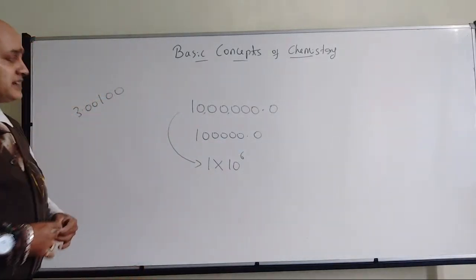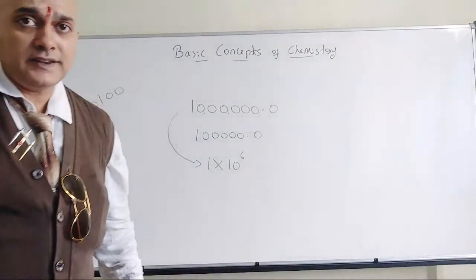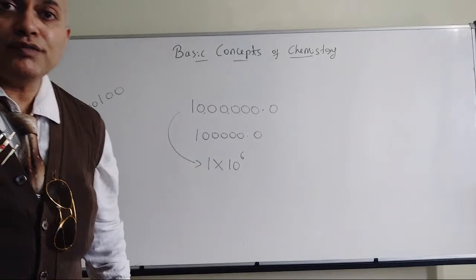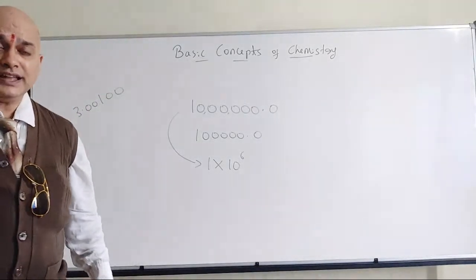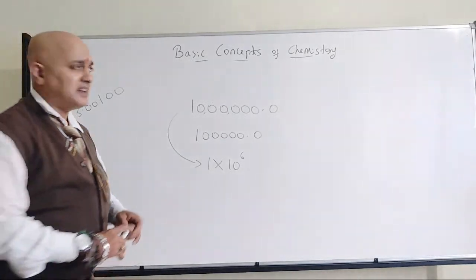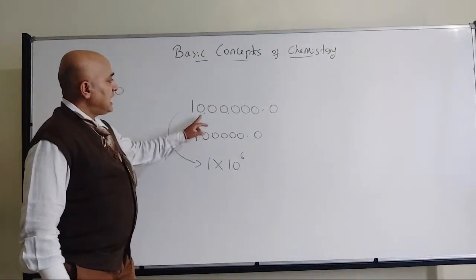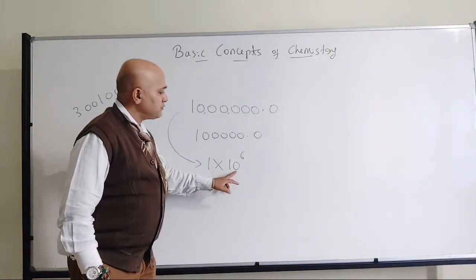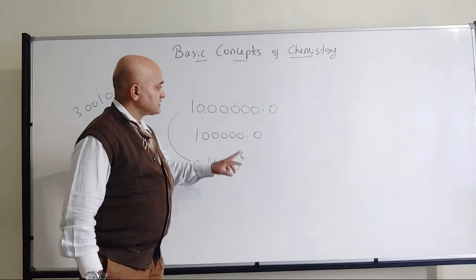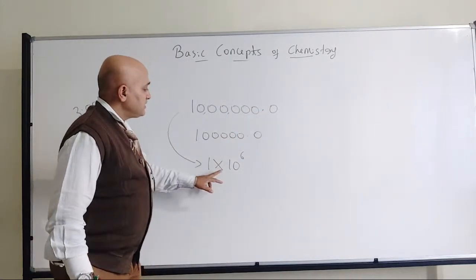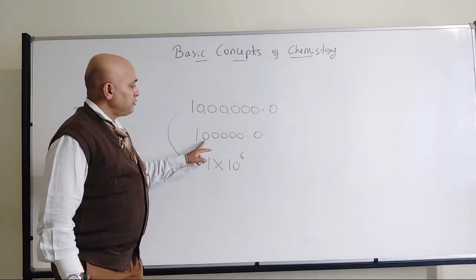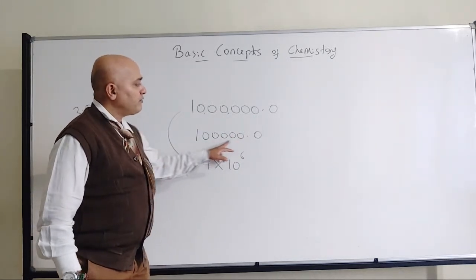That's what I told. It is a scientific notation or scientific representation of a particular value. When we have a large value like 100, we will write it as 10 to the power of 2. It's very simple. So 1, and how many zeros are there, that is the power of 10. That's all. So 1, 2, 3, 4, 5, 6. Don't consider this 0. So it will be 10 to the power of 6. Here it will be 1 into 10 to the power of 5.